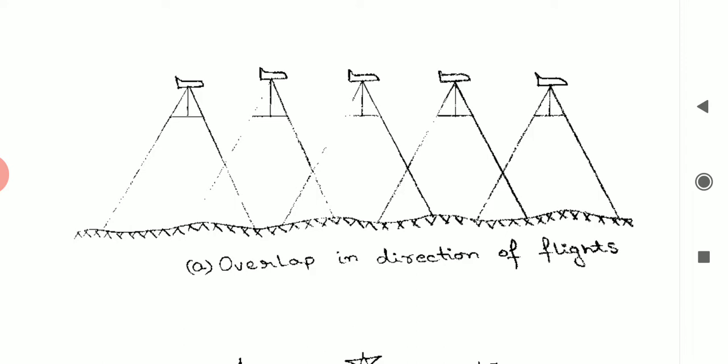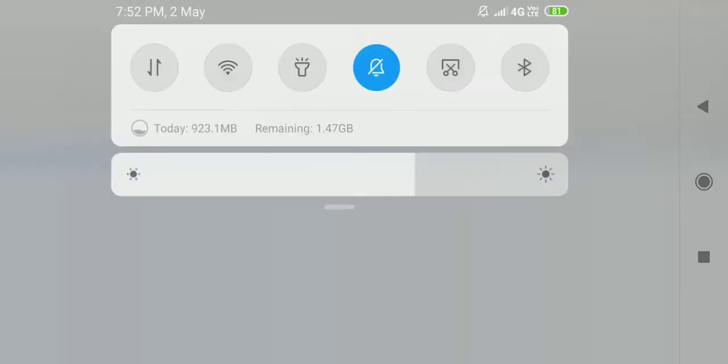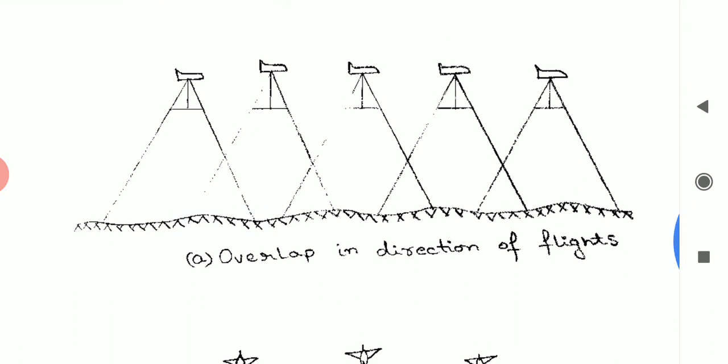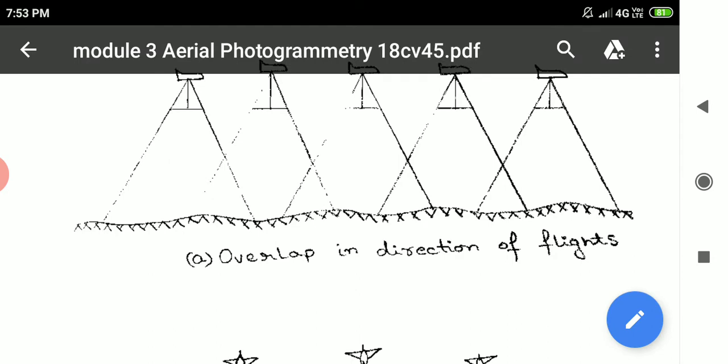The overlap of photographs in the direction of the flight line is called longitudinal overlap, and it should be 35 to 65 percent. The overlap between photographs of adjacent strips, the side lap, is about 15 to 35%.